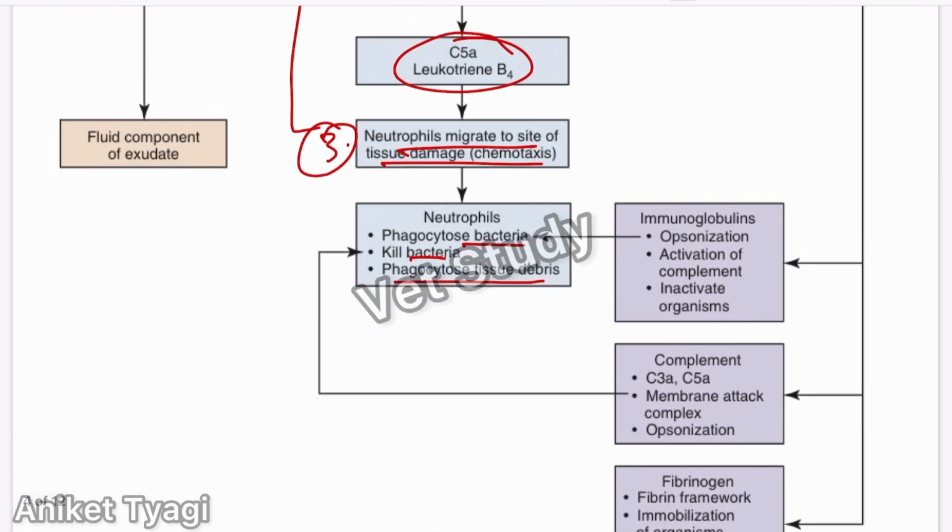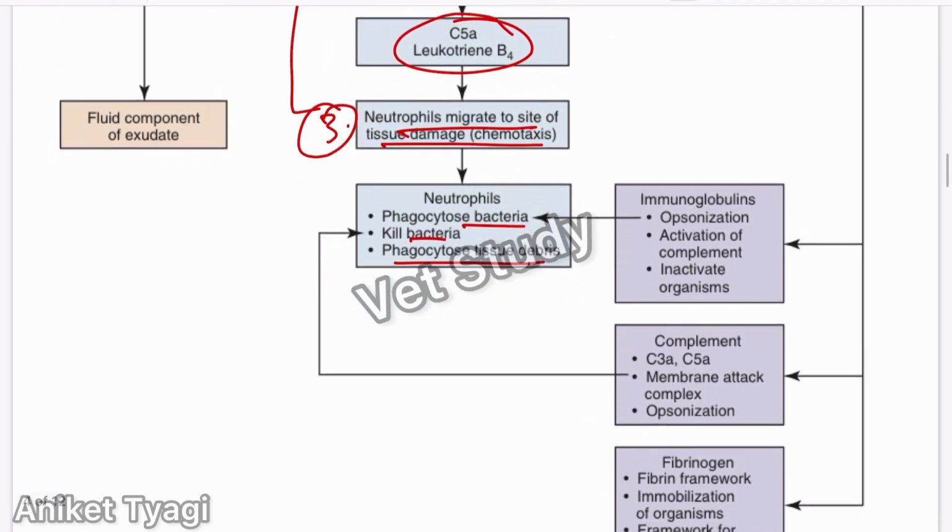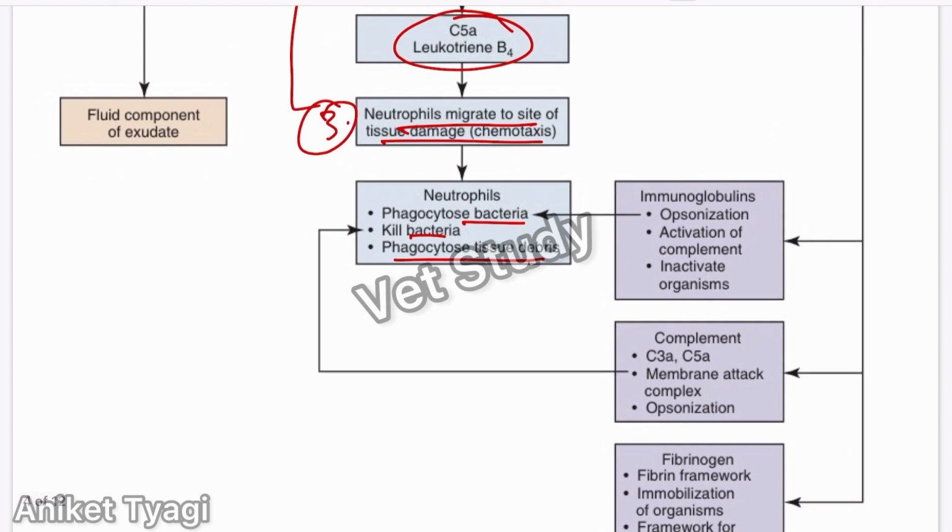And when this protein comes into the tissue, as we already know, immunoglobulins are also protein. So when they come into the tissue, they will opsonize the antigen. So what is opsonization? It is basically covering the antigen and making it more palatable for phagocytosis, right?